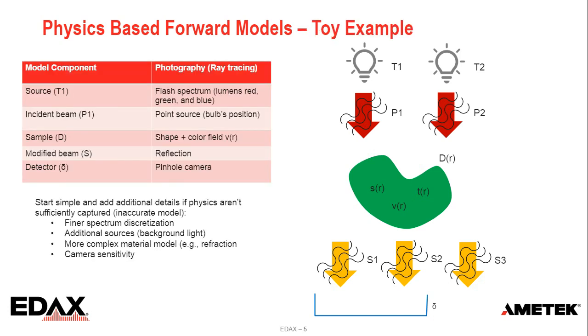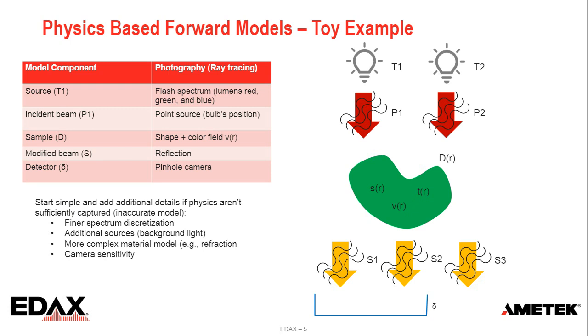And so here's a little toy example for ray tracing, which is essentially a type of forward model. Your source is just a description of the illumination. So maybe you know that you want to light your scene with a red, green, blue LED set. You can describe their intensity.